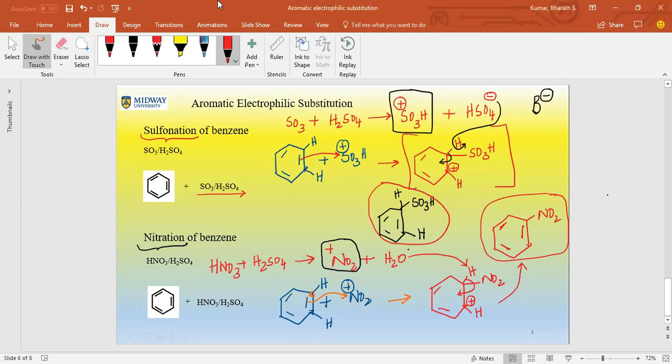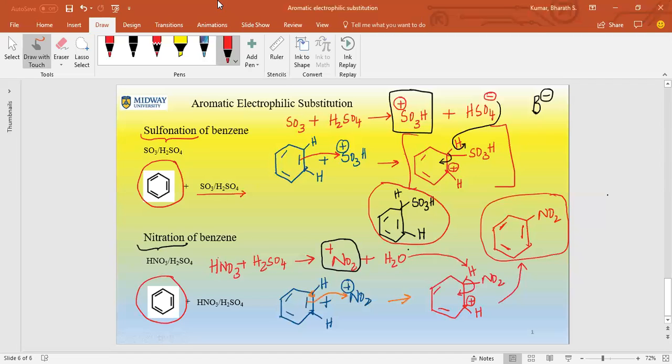What we have essentially done here is add a substituent. The substituent is essentially the electrophile. We started with the plain benzene ring and ended up with the SO3H. Now the SO3H is your substituent. We also started with the plain benzene ring and added an NO2. Your NO2 is the new substituent on the ring.